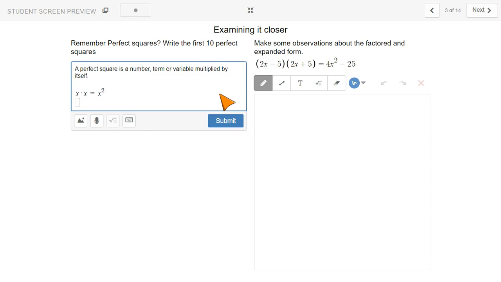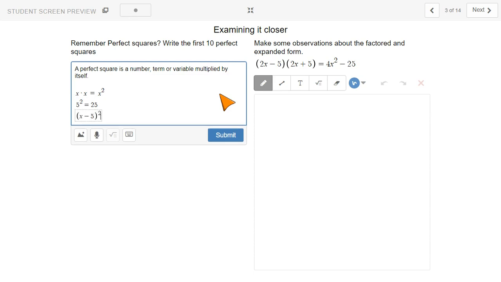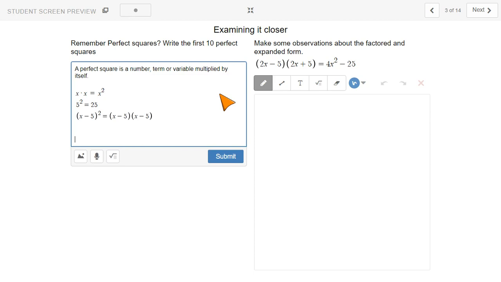If I had a number, 5 squared, this is equal to 25. Or I could have a term, x minus 5 all squared. When it's expanded, x minus 5 times x minus 5. Also a perfect square.